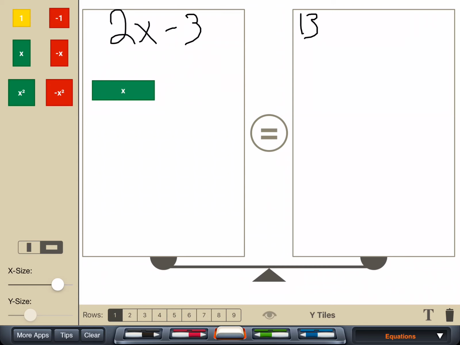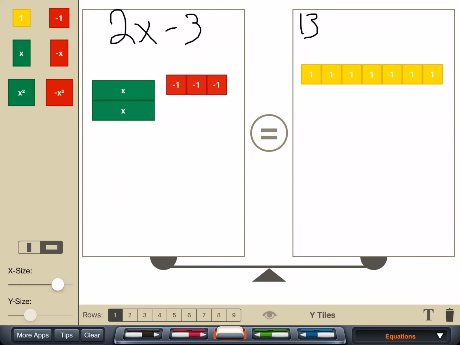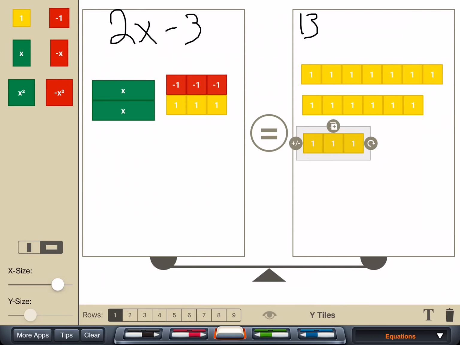And we're back. Okay, 2x is here, negative 3 is here. 13 is going to look something like this. 1, 2, 3, 4, 5, 6, 7, 8, 9, 10, 11, 12, 13. Okay, great. So let's deal with the constant first. So I've got negative 3 over here, so I'm going to counter that with 1, 2, 3 positives. But I need to also put 3 positives over here to make sure that we're maintaining equivalence.